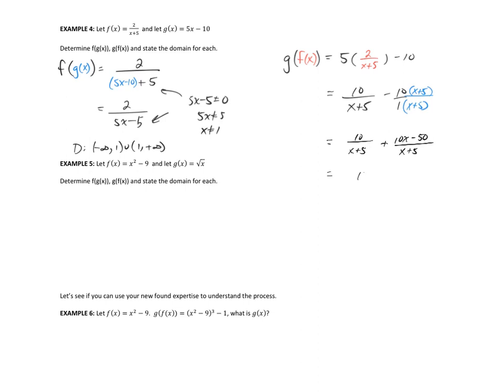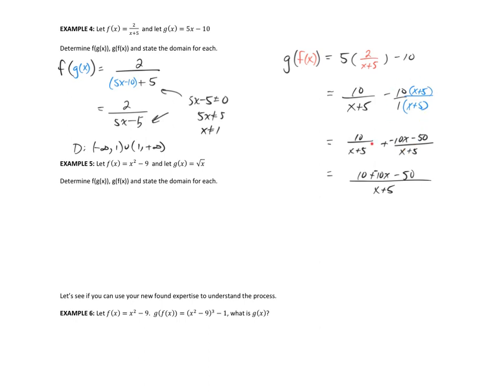So we've got 10 plus 10x minus 10x minus 50, a little negative sign in there, over x plus 5. You can see I got a little sloppy with my writing here. I was distributing this negative 10 into the x and the 5 and got negative 10x minus 50. Therefore, that's why this minus turned into a plus, because I'd already distributed the negative.